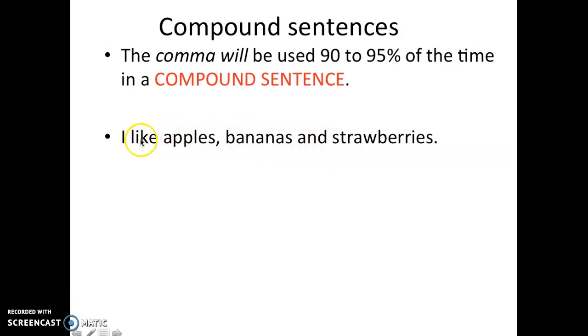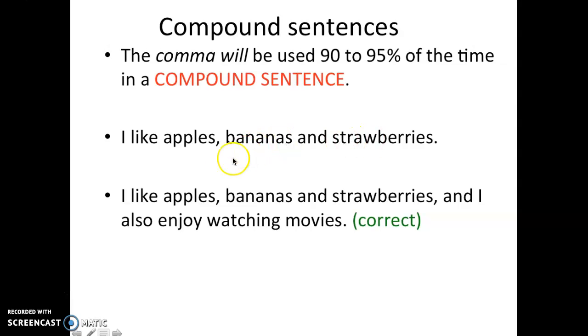Why? Because this is just one independent clause, just one idea here. However, if I have a sentence like this, I like apples, bananas, and strawberries, and I also enjoy watching movies. Now, this sentence here is an independent clause, and this sentence here is an independent clause. So if you put a coordinator in between, in this case, you need to put a comma, right?